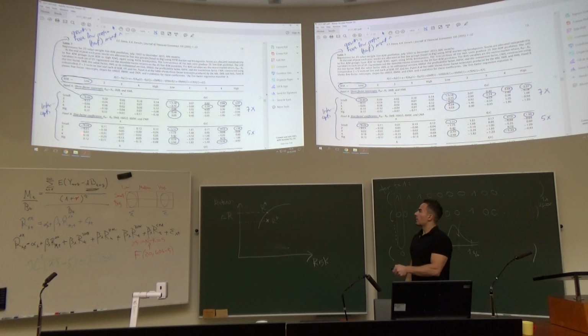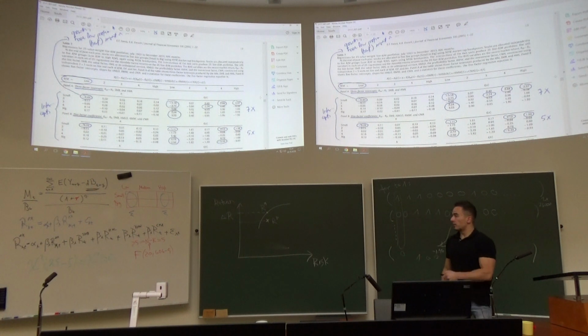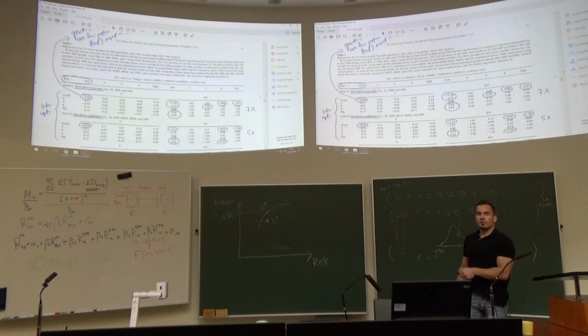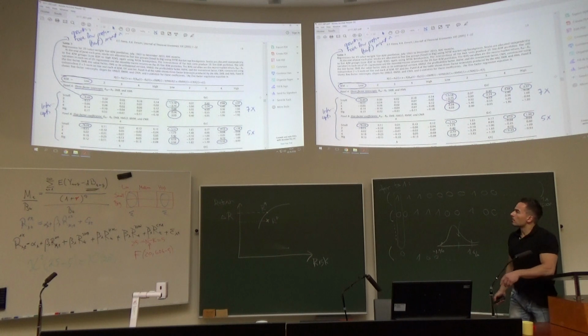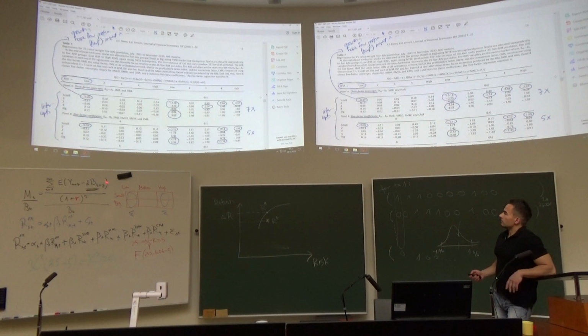Okay, then we move to panel B. In panel B, they report the intercepts of these 25 test assets using the 5-factor model. What do we see here? Again, the small stock and growth stock portfolio generates minus 0.29% per month mispricing.